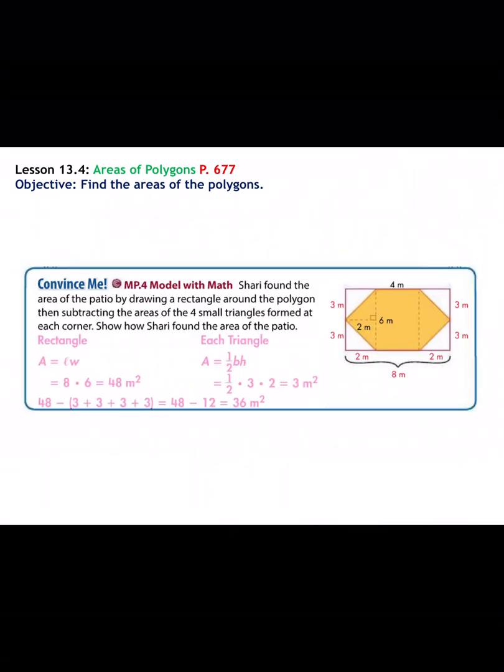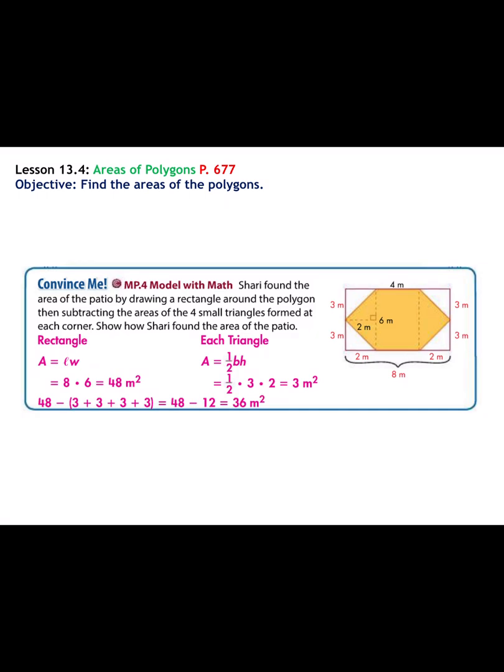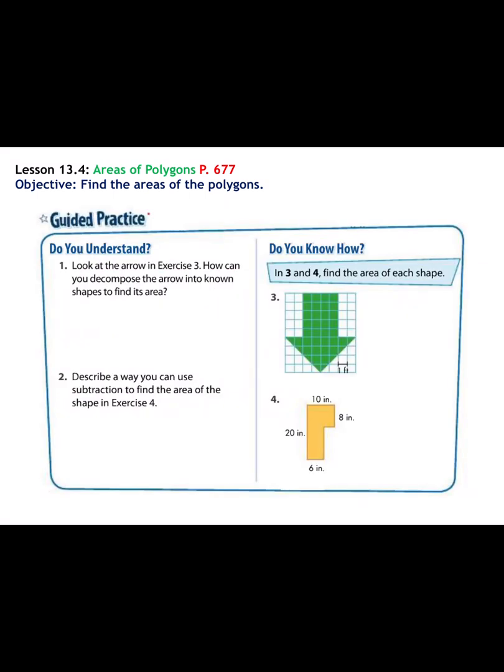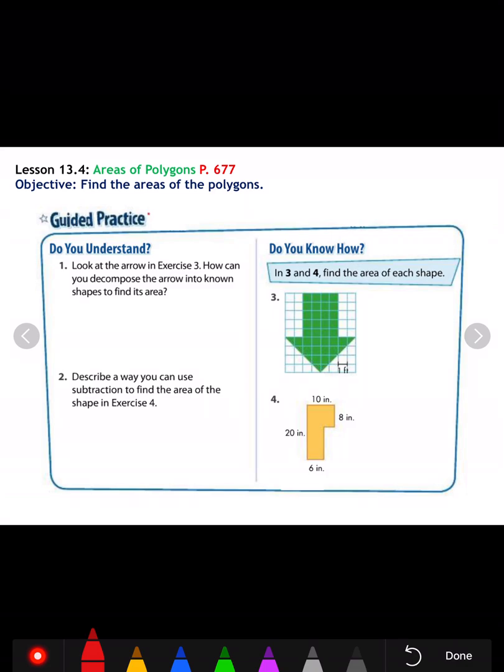Now another example. Here I would like to show you number 3. In number 3, we don't have numbers on the sides of the polygon, but we have units, because it looks like a coordinate plane.